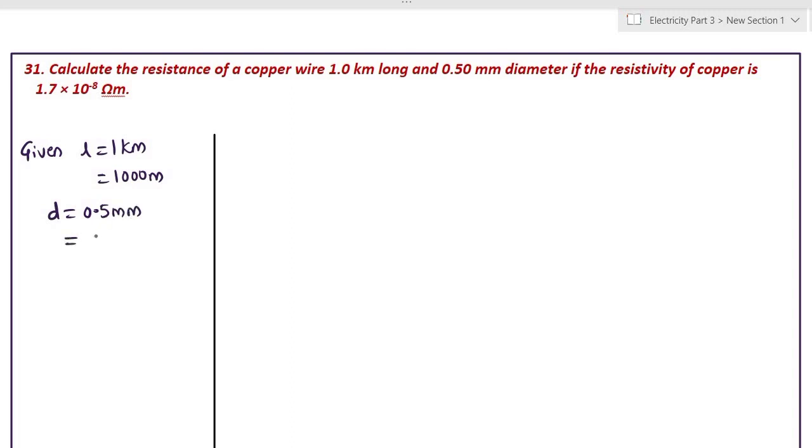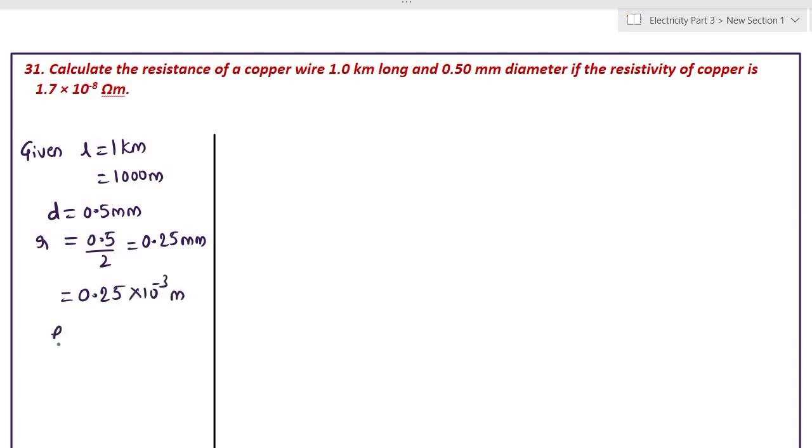Divided by 2, 0.5 divided by 2 is the radius, which is 0.25 millimeter, and it can be expressed as 0.25 into 10 to the power minus 3 meter.